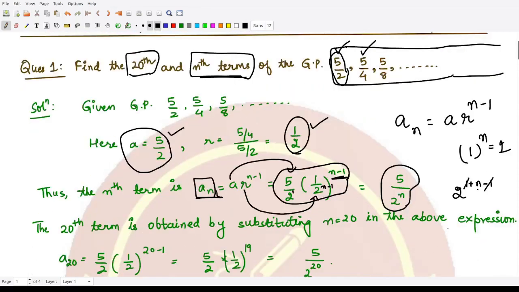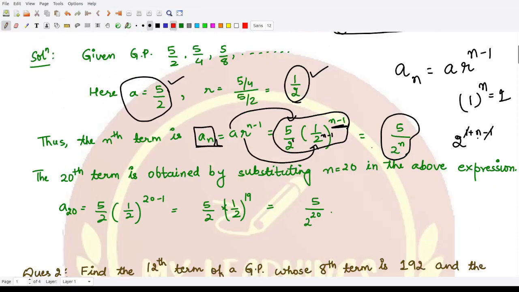Now, in order to calculate the 20th term, we need to substitute n is equal to 20 into this expression. So our 20th term will be 5 upon 2, 1 by 2 raised to power 20 minus 1, which is 19.